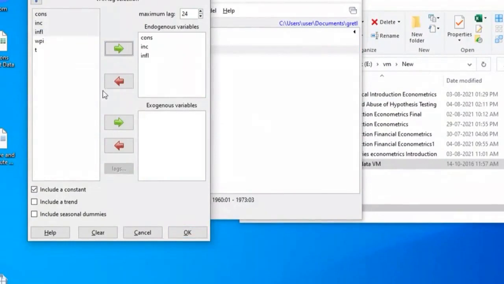We can also include some exogenous variable, but usually it is not there. We can include a constant also, but not the trend and other terms. As such, we are doing it, and we have found that there are no seasonal problems, so we don't want any seasonal dummies. If we find that there is seasonality, then we have to use seasonal dummies. Now, with this, we click OK.